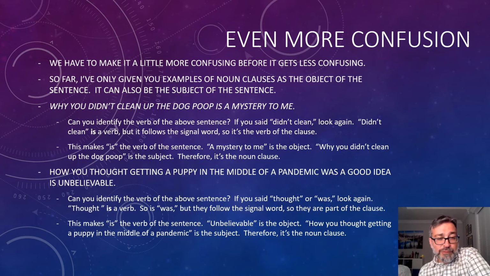So if you look for the verb of the sentence there: why you didn't clean up the dog poop is a mystery to me. If you think didn't clean is the verb, well, that follows the signal word why. So actually, that's the verb of the clause, not the main verb of the sentence. The main verb of the sentence is "is."